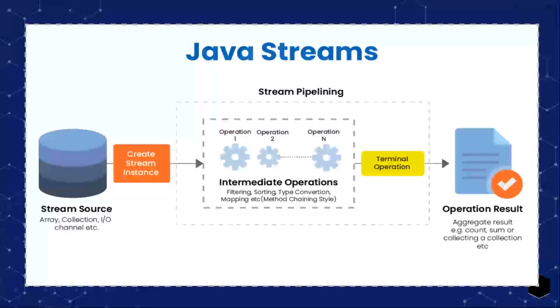From the output stream you get the result, the operational result, which is an aggregate result like count, sum, or collecting a collection, etc. That is the result, and it comes out in the form of an output stream. So input stream is the data being sent to the program, and what comes out from the program is the output stream. This is what is stream pipelining.